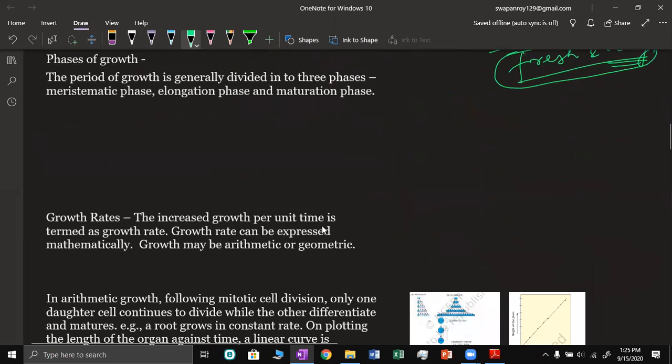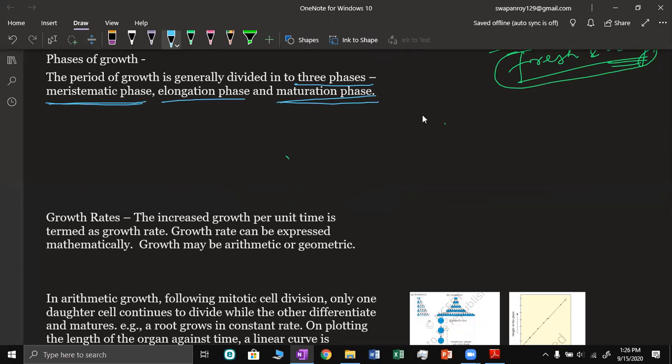The growth has different phases, periods of growth. When growth is taking place, we can usually divide that period into three phases: the meristematic phase, the elongation phase, and the maturation phase.